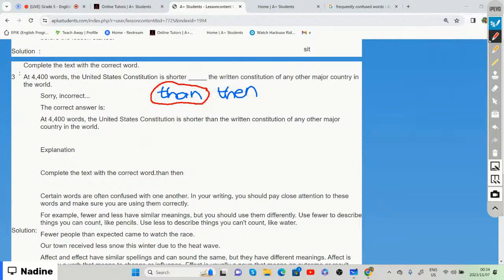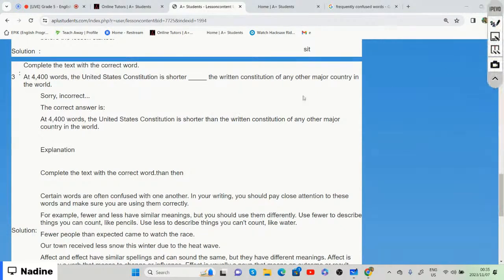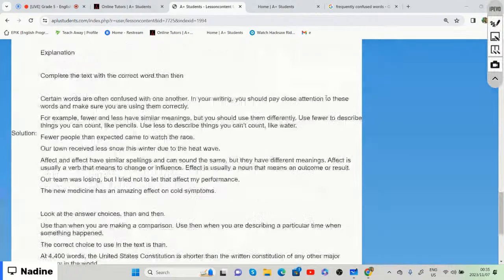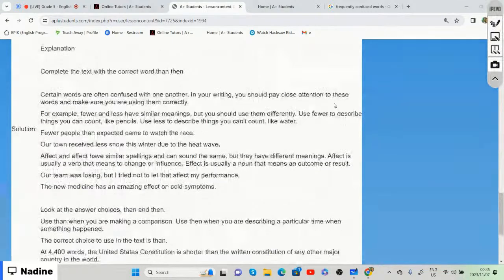So than is the correct word to use. And yes, than is correct. Well done. Than is correct.